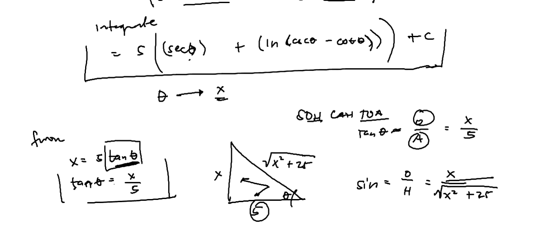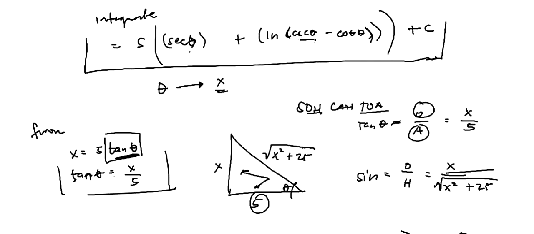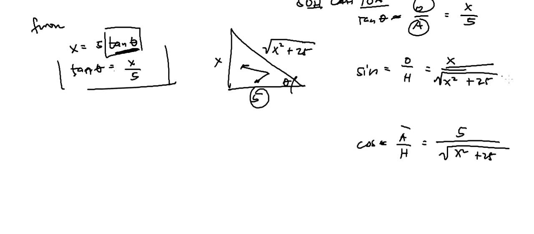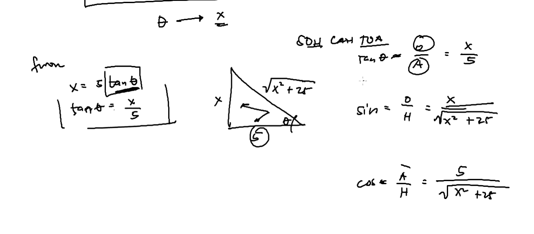Wherein what we need is in terms of cosecant, secant, and cotangent. So we need the cotangent theta, wherein you need to flip these values here. So we have a all over o, or 5 over x.